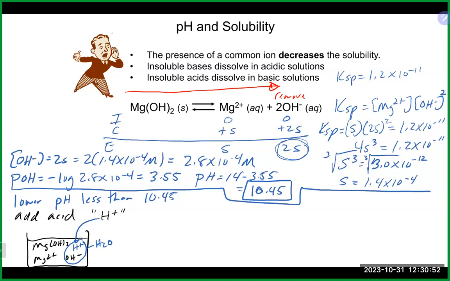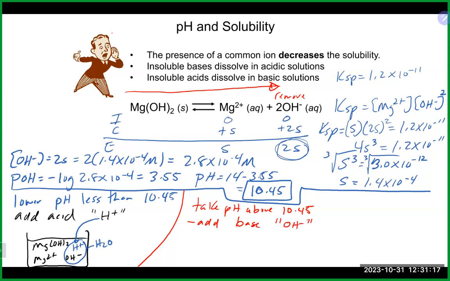So what happens in the opposite case is if we were to take the pH above our 10.45 in this case. In order to take the pH above 10.45, we most likely are going to be adding a base, which is essentially adding some hydroxide, right?